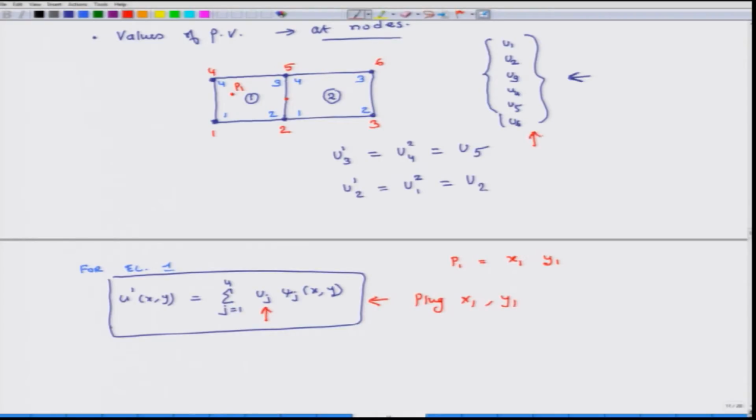Because they are known from the solution. Also the psi j's are known. These are approximation functions, we have already developed those. I can do this either at the global level or the local level, it does not matter. I know the uj's, I know the psi j's, so all I have to do is plug x1, y1 and I will get the value of u at point P1.